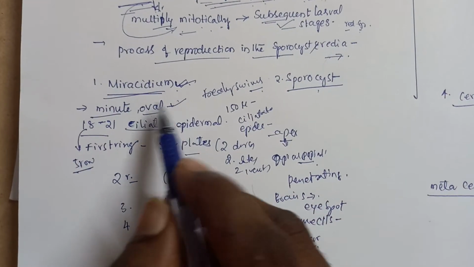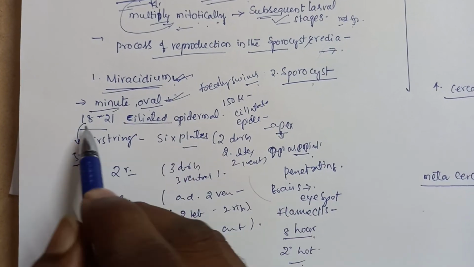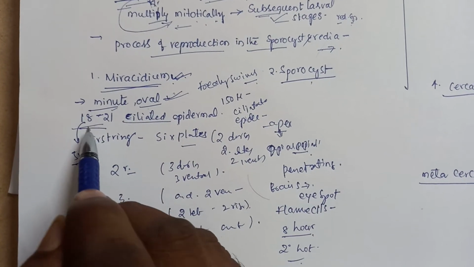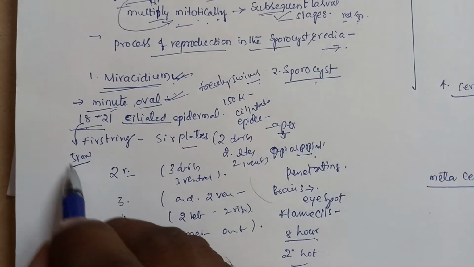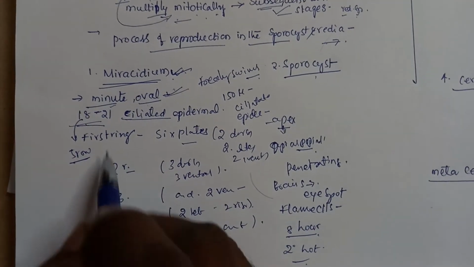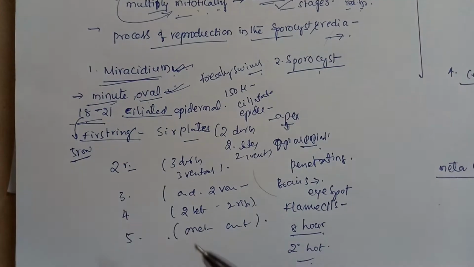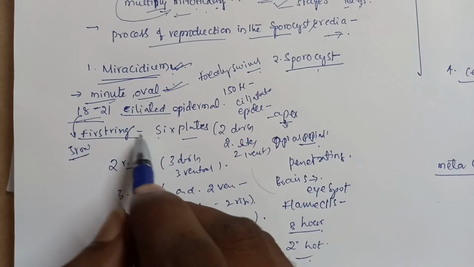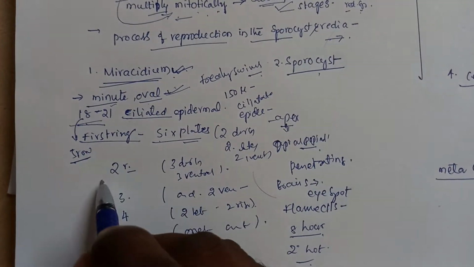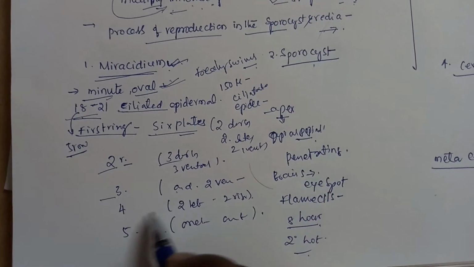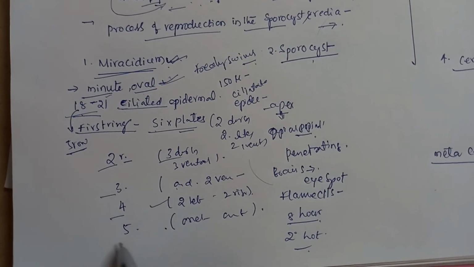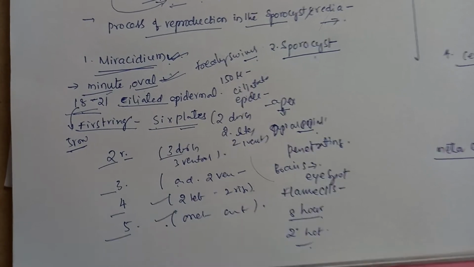So the Miracidium larva is minute and oval in shape, with 18 to 21 ciliated epidermal plates in 5 rings. The first ring contains 6 plates, the second ring 6 plates, the third ring 3 plates, the fourth ring 4 plates, and the fifth ring only 2 plates.